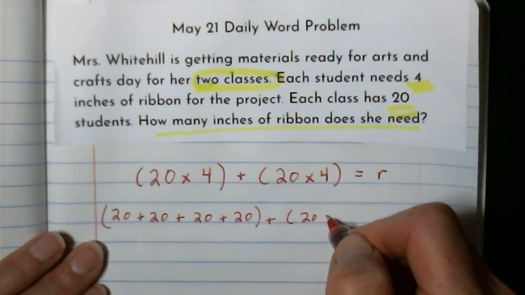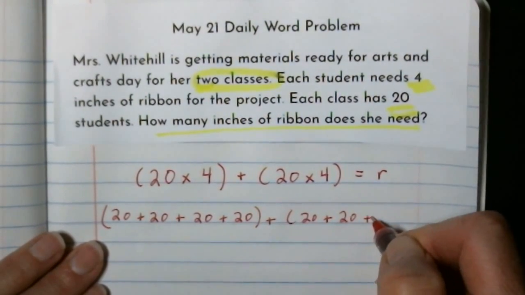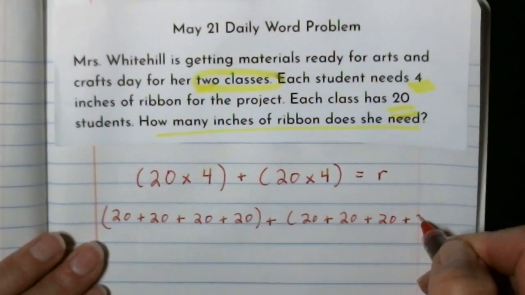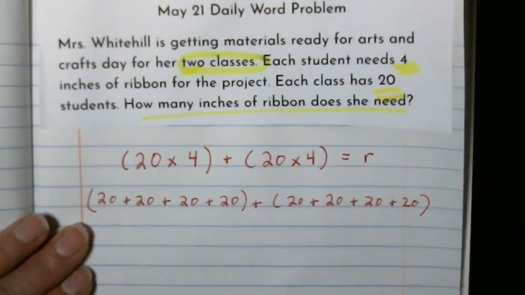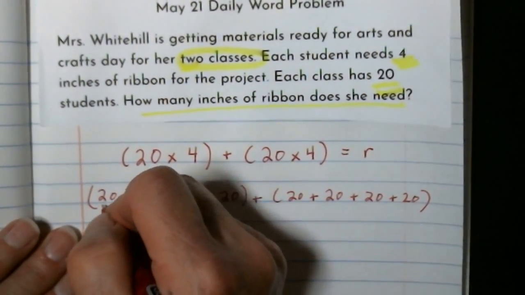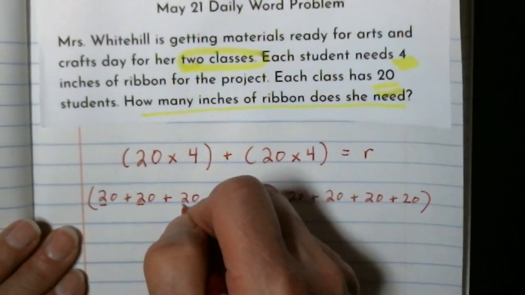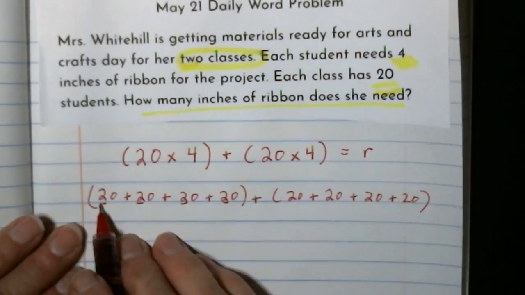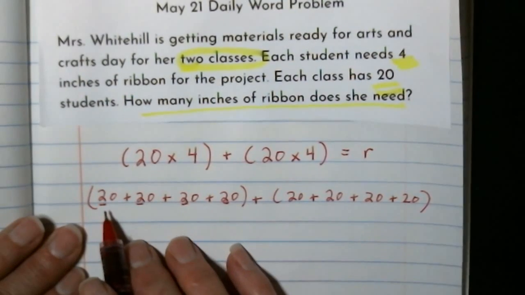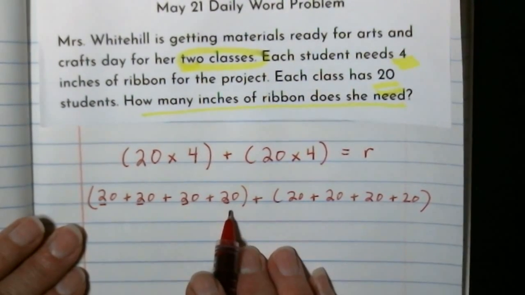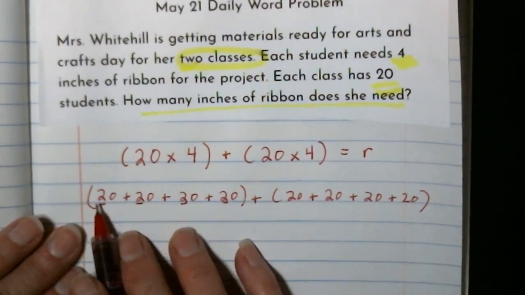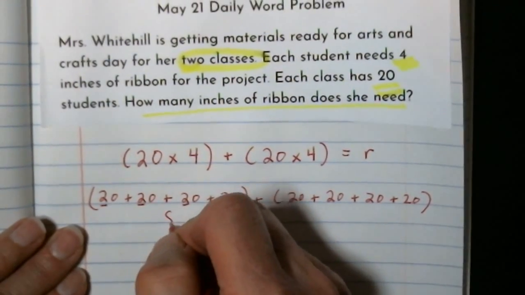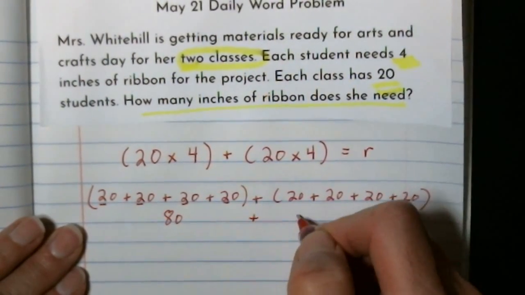If you just look at the tens place, 2 and 2 and 2 and 2, and if you skip count 2, 4, 6, 8, but instead of 8 it'd be 20, 40, 60, 80.